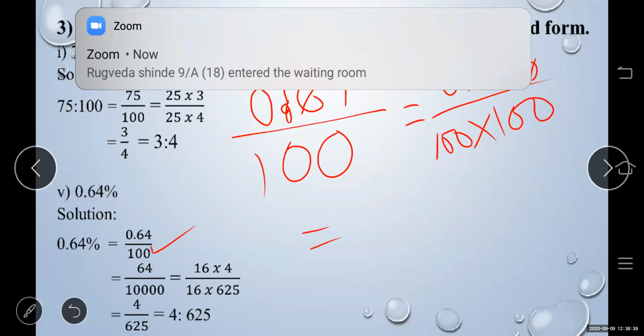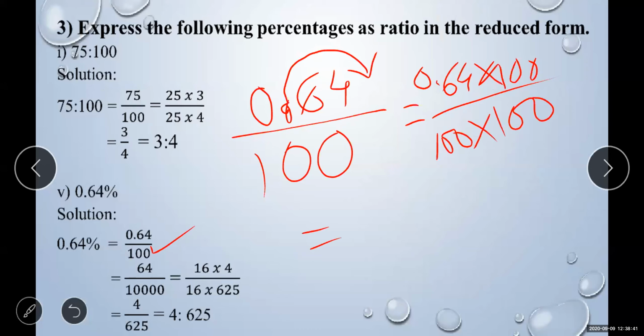If you multiply 0.64 into 100, you will get only 64, and the denominator has how many zeros? 1, 2, 3, 4. This is now the simplest.